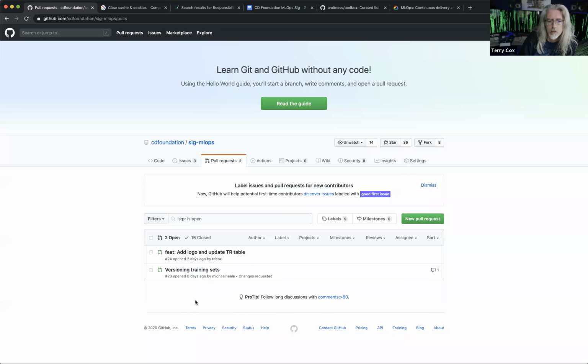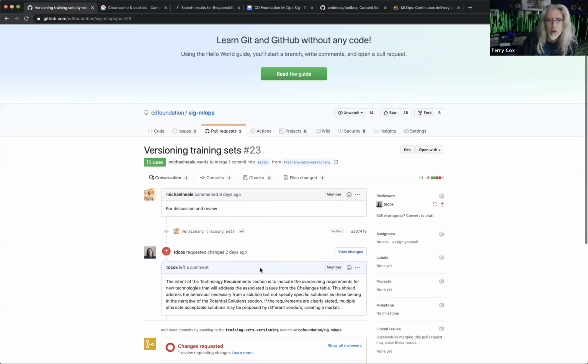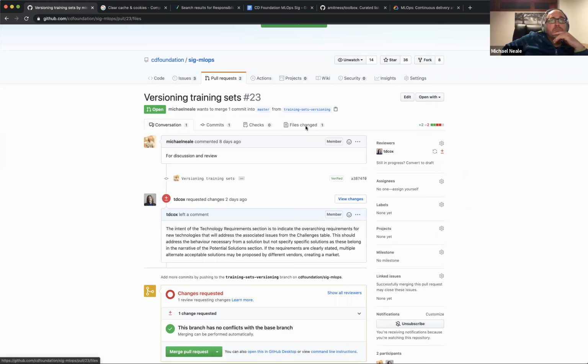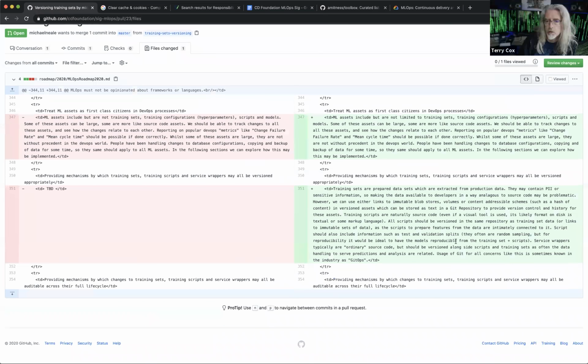So on this one, you added some stuff in to this section which had some potential solutions in it. Mm-hmm.